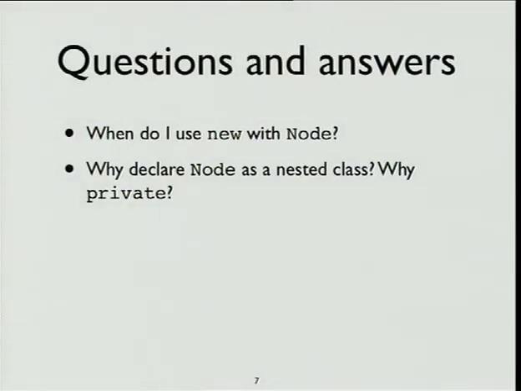The next one I've actually answered a minute or two ago. Why do we declare node as a nested class, and why private? Well, node is not necessary for the client to understand, so we make it a nested class. Now if we just make it a nested class and it's not private, it's called a friend class, I think, so it means that other classes within the same package can still access those nodes.